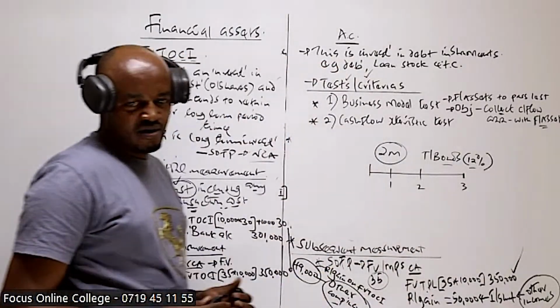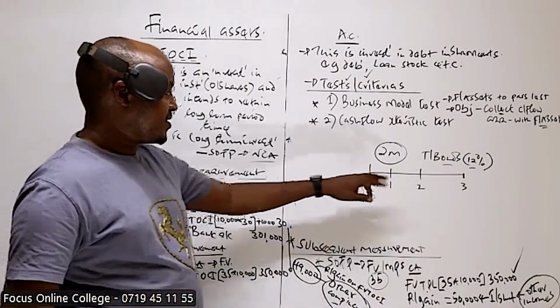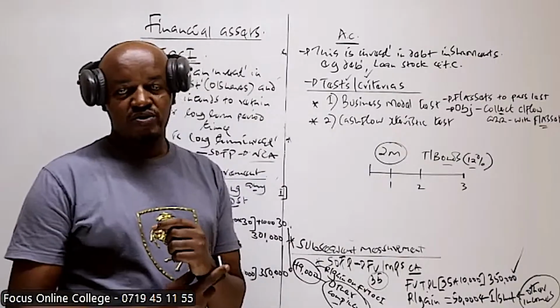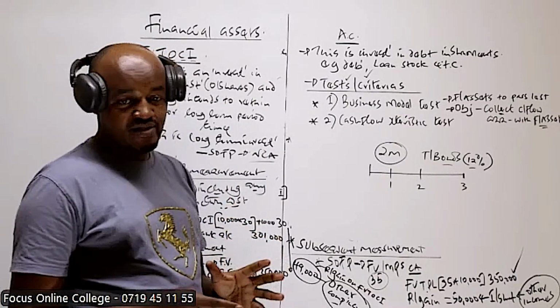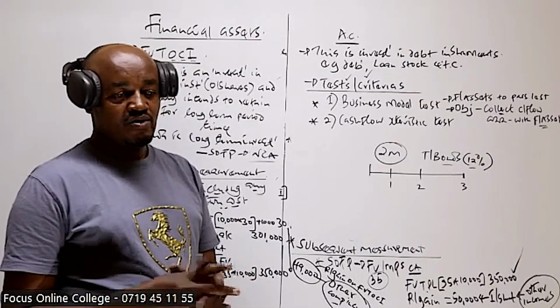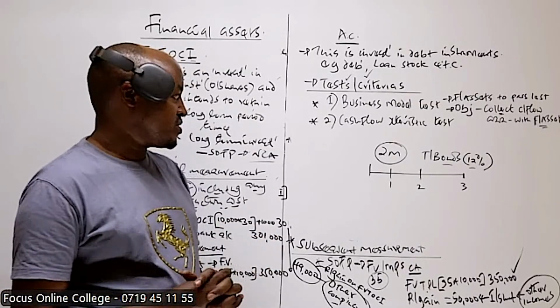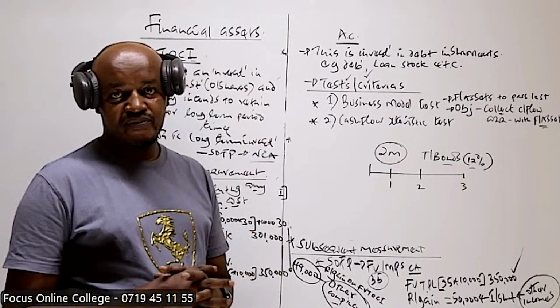You may decide to invest these 2 million in these treasury bonds. So when you are investing in these treasury bonds, what is the objective?